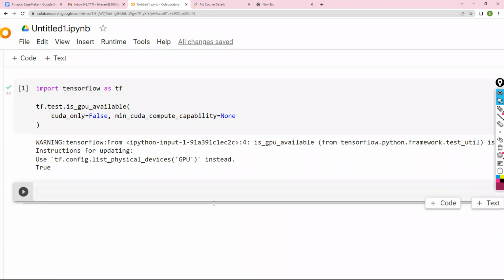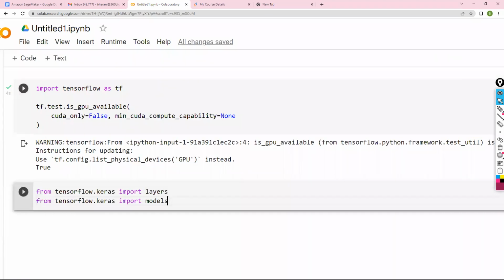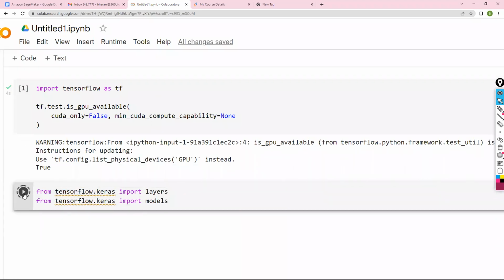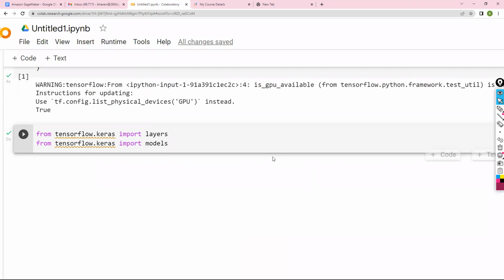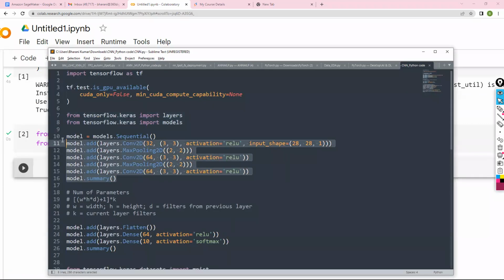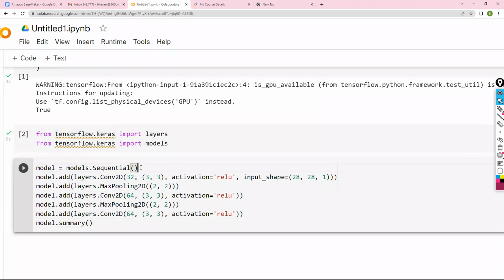The next line of code is we are going to import the required libraries. Keras is part of TensorFlow from TensorFlow version 2 onwards. Then we have the sequential model that we are creating, in which we are taking the input data set.